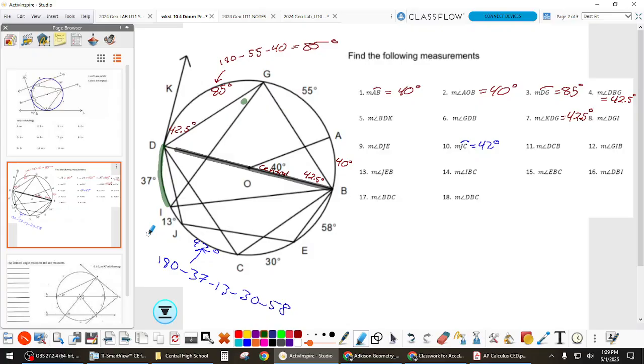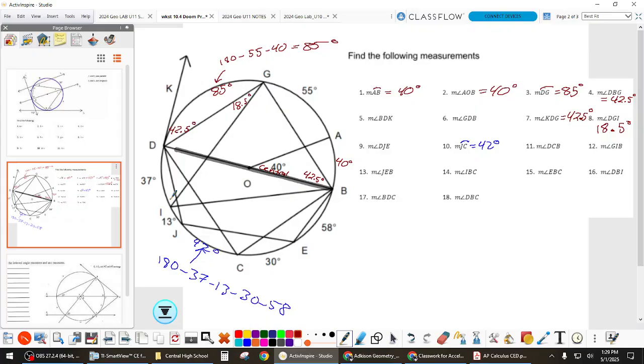And what kind of angle is that? Inscribed to 37. So what do we do with 37? Just divide it by 2. So DGI. So half of 37 is 18.5. Put it in there.